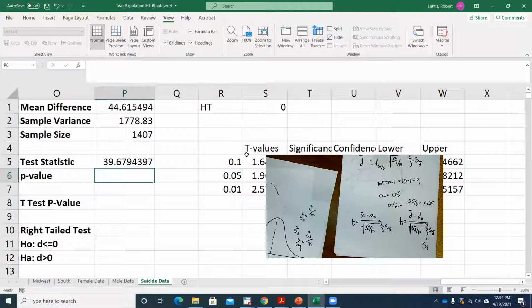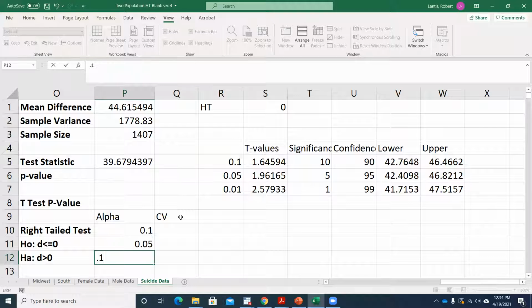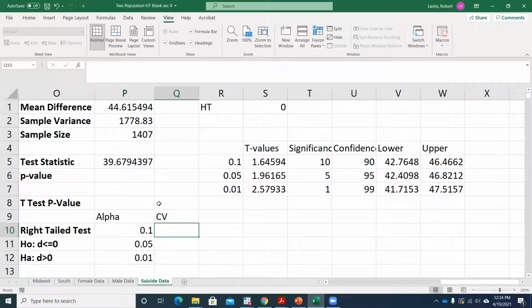So for our critical values, we've got our test statistic. Our critical values correspond to different alpha values. The alpha values we're going to look at are 0.1, 0.05, and 0.01, our 3 benchmark values.